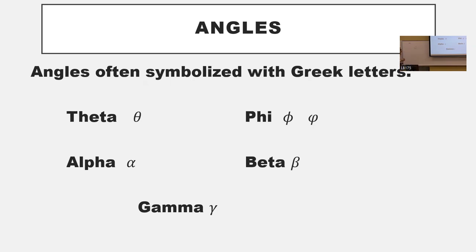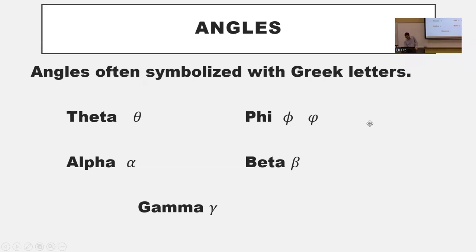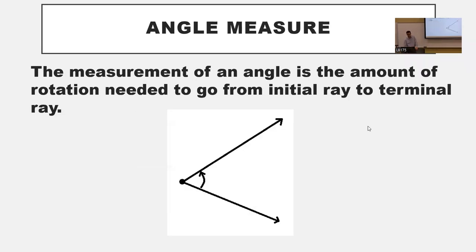Alpha, beta, and gamma are also angles that we'll deal with. And you can see those are a little bit more straightforward. So oftentimes we symbolize with Greek letters, as you can see here. Okay.